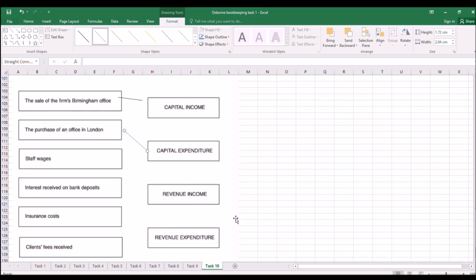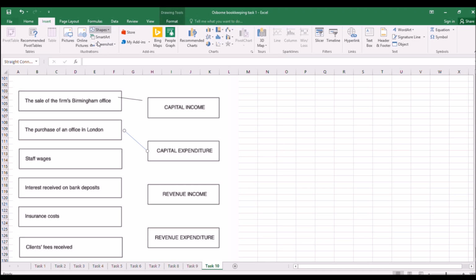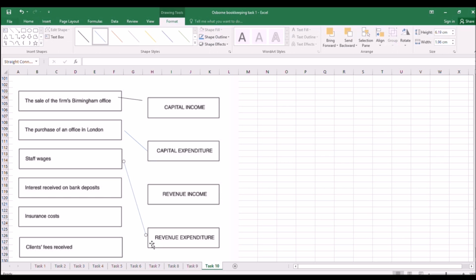We're going to have staff wages. So that's going to be revenue expenditure. Okay, because this relates to a particular year of financial performance. These are assets. They're sort of sitting over time.